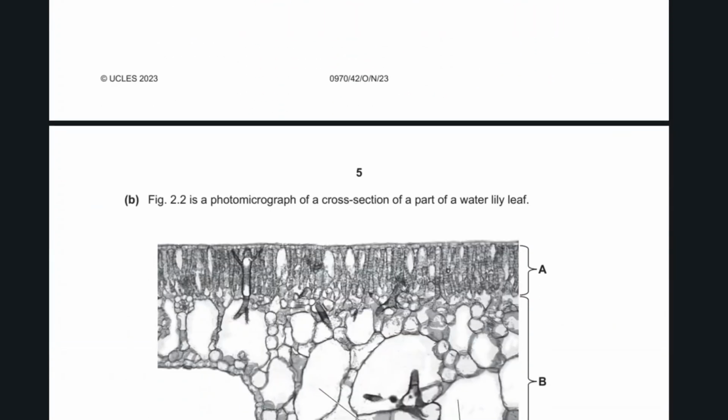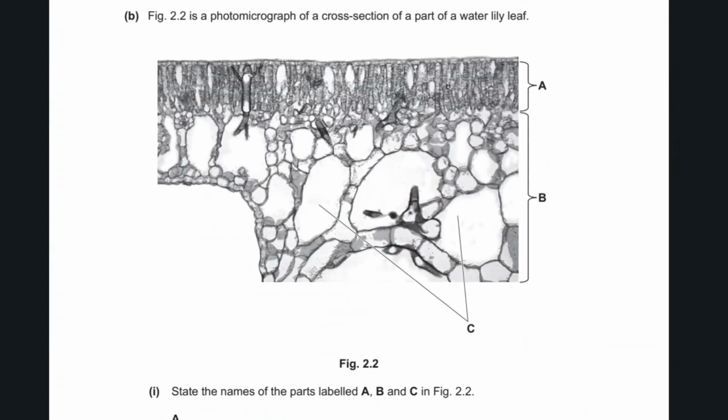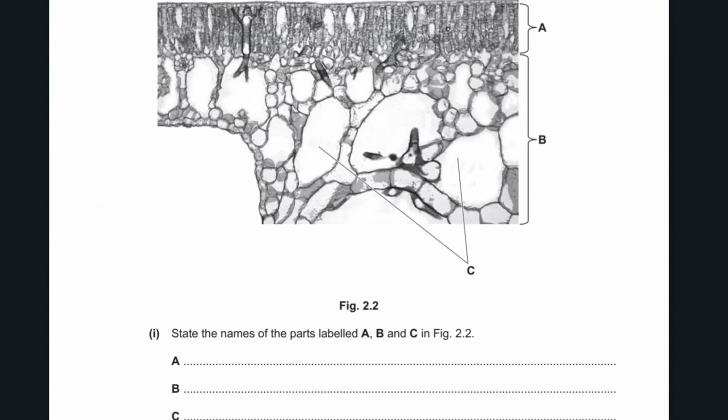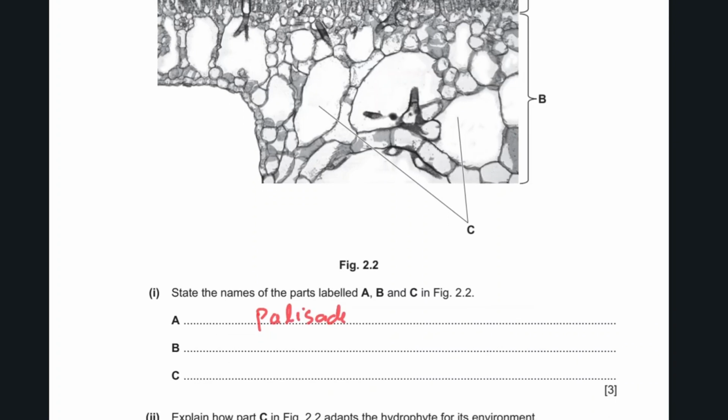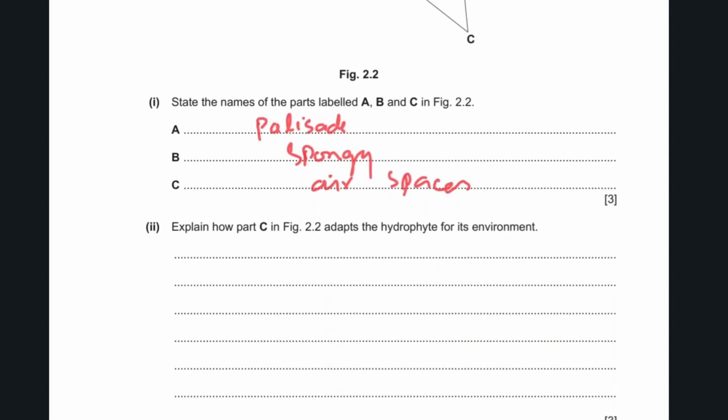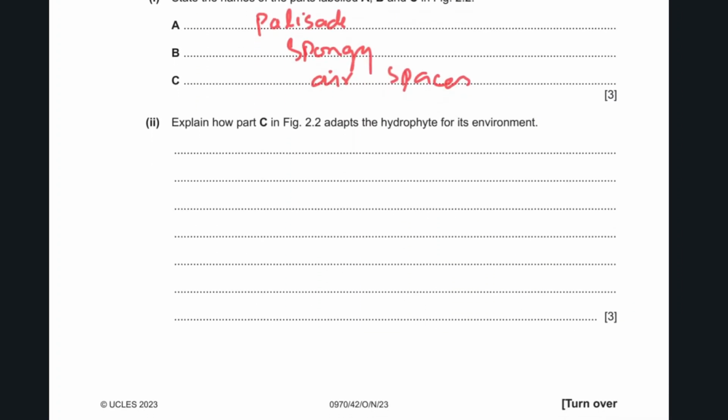in that environment. Here they have shown the inner structure of that leaf. A is the palisade mesophyll, B is the spongy mesophyll, and C is air spaces. The next part is: explain why the leaf is adapted as a hydrophyte to its environment.